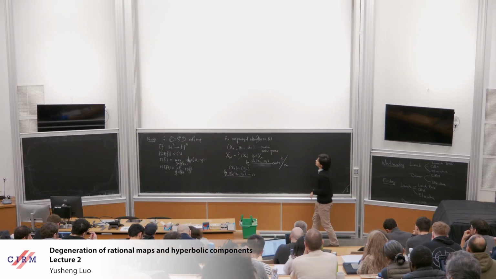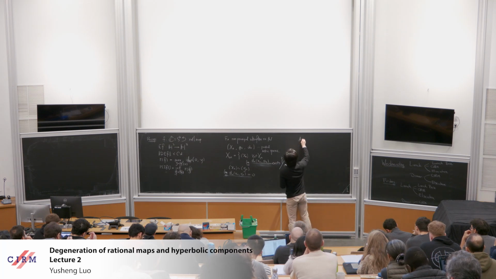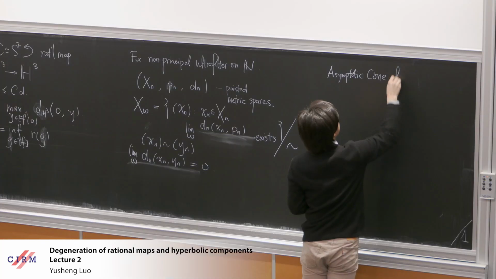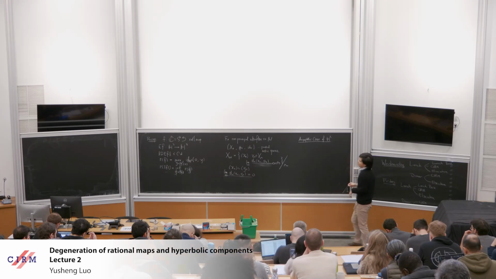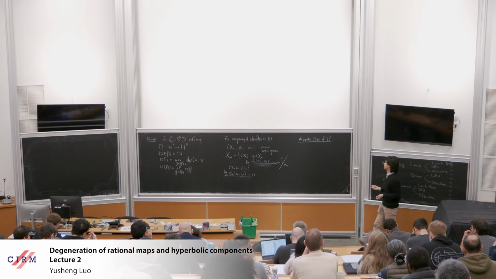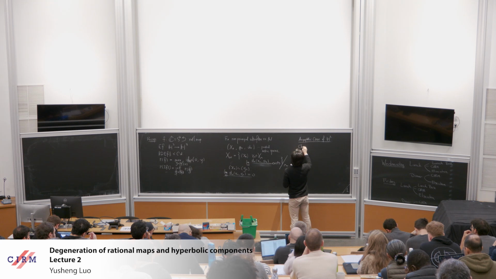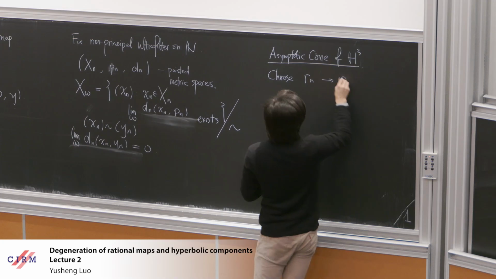All right, and a very special construction of this ultralimit is the asymptotic cone. The construction is very similar, but in this case, we are going to choose a sequence r_n that goes to infinity.